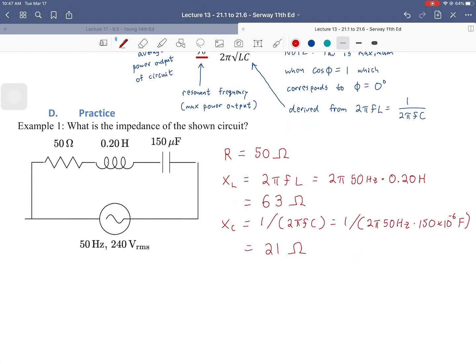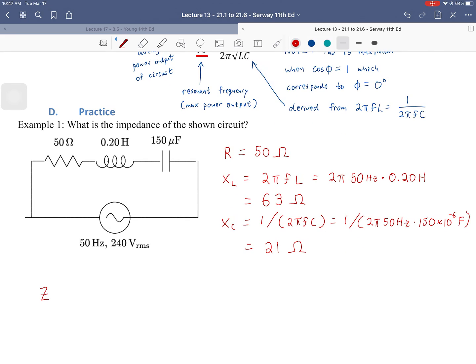All right, and then we want the total impedance. Based on our phasor diagram and the right triangle formed by the resistances and reactances, we now know it is the square root of R squared plus (XL minus XC) quantity squared. We can plug in our numbers.